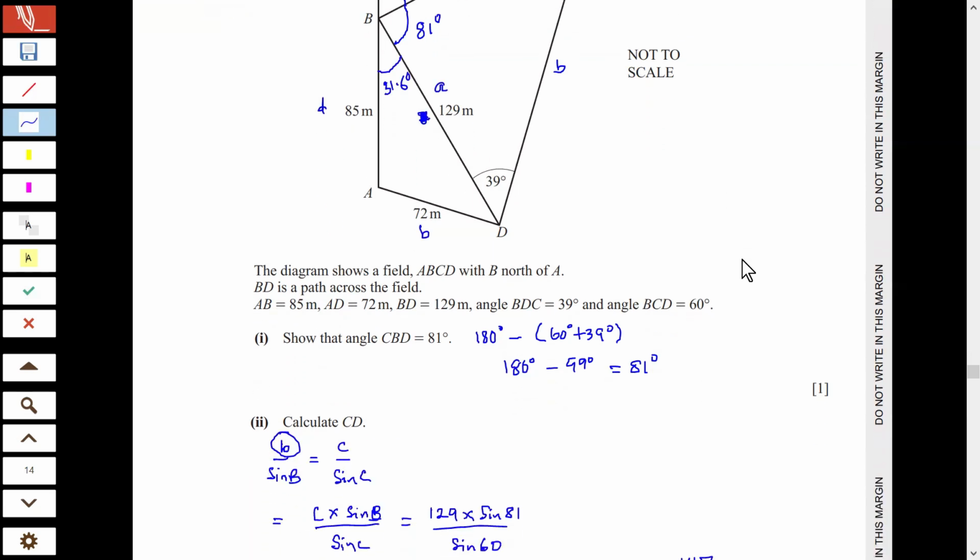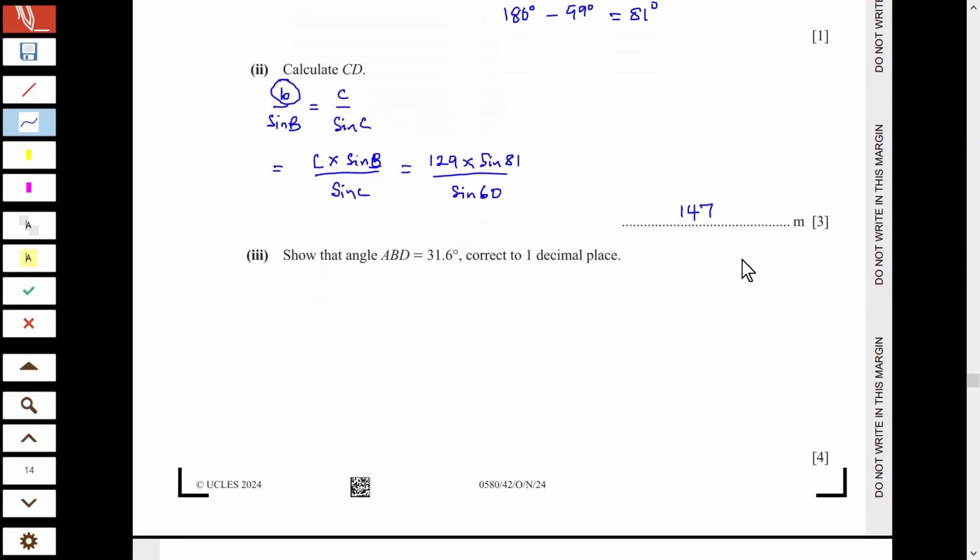We have b squared is equal to a squared plus d squared minus 2ad cos B. Because we want to prove that angle ABD is 31.6 degrees, we need to make cos B the subject of this formula.